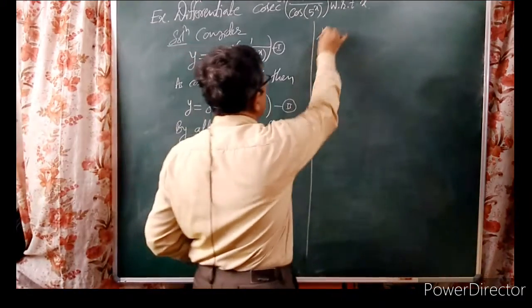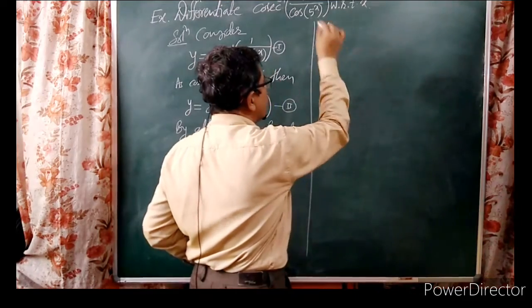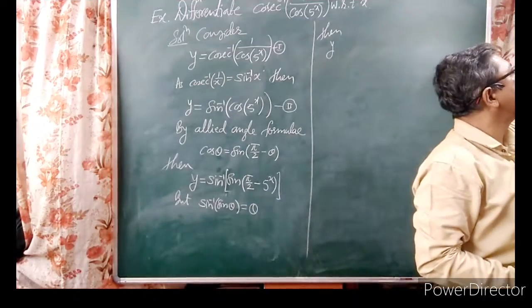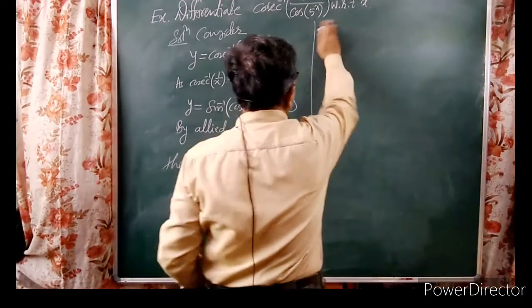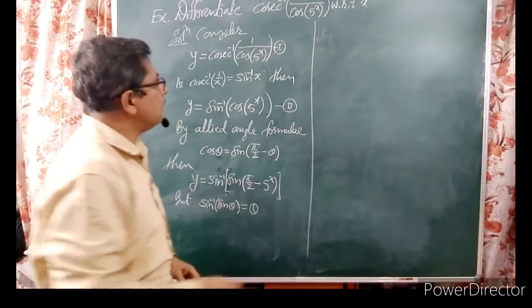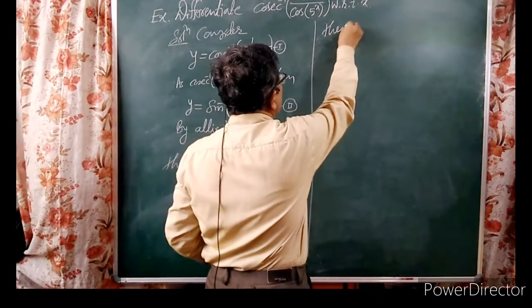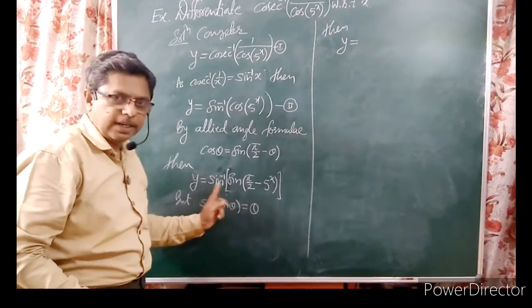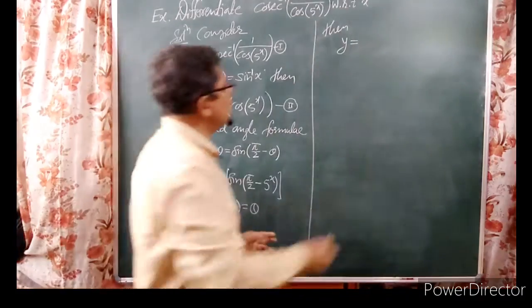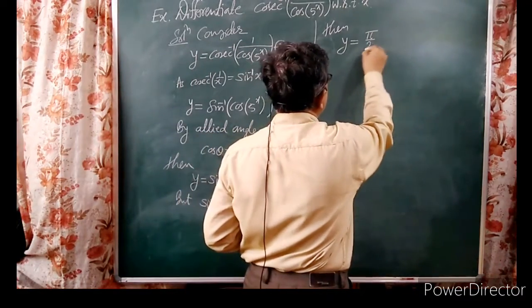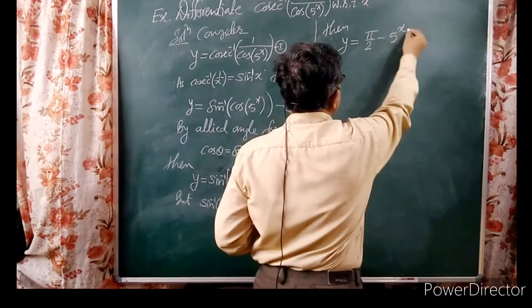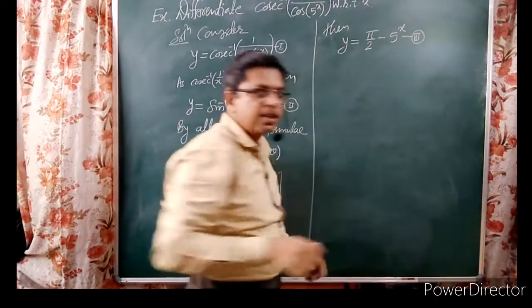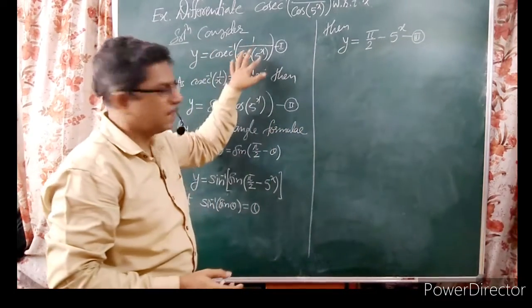Then y reduces to pi by 2 minus 5 raised to x. I will call this equation number 3. And this is the simplified form of the given example.